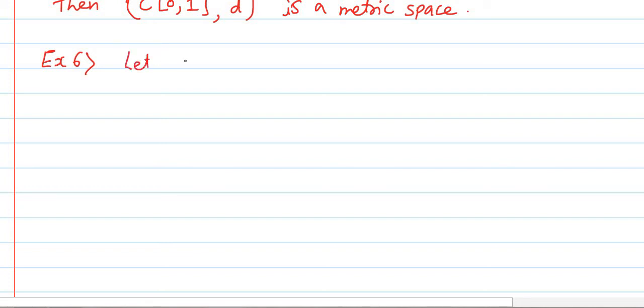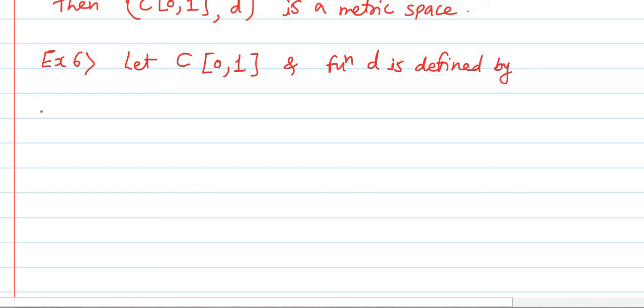So let C[0,1] be the set of all continuous real valued functions defined on the closed interval 0 to 1, and let us suppose that the function D is defined by D of f comma g, which is equal to the supremum over x belonging to the closed interval 0 to 1.